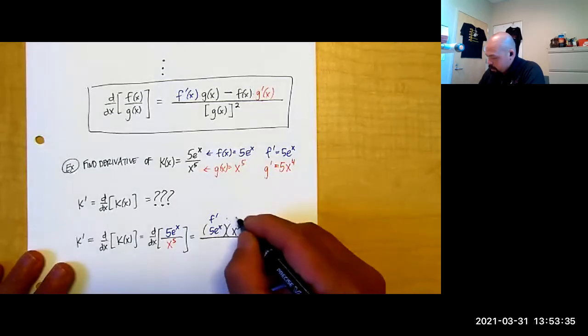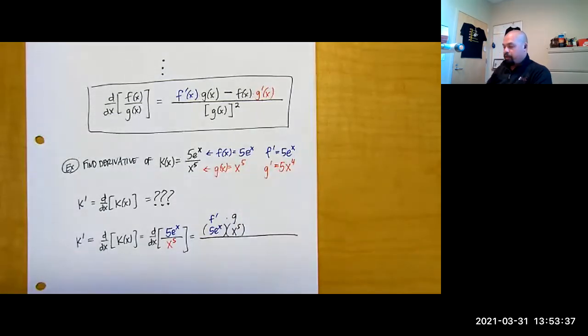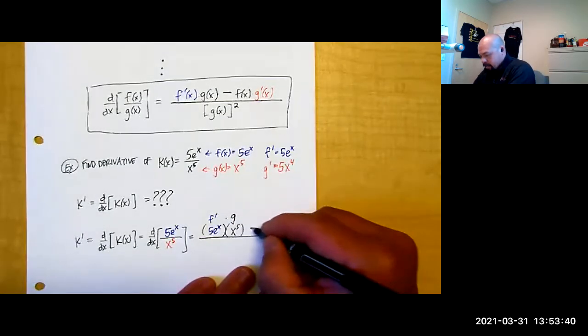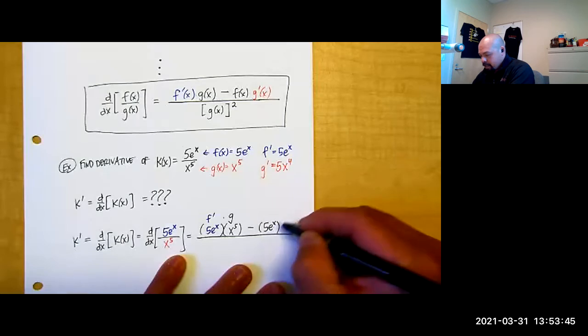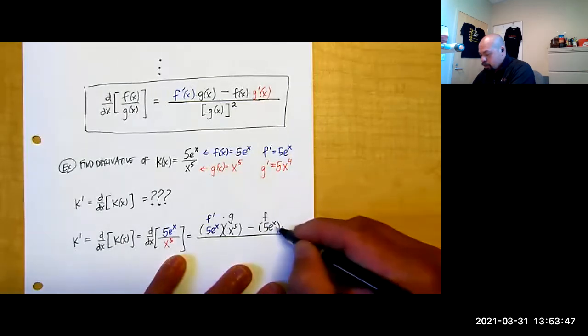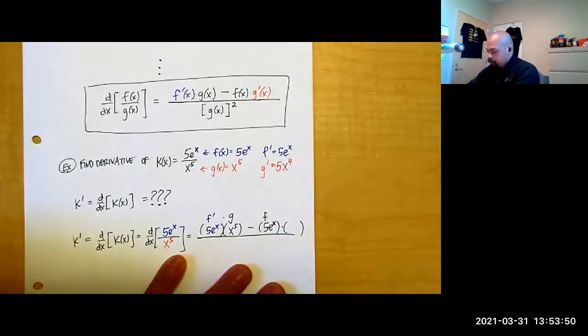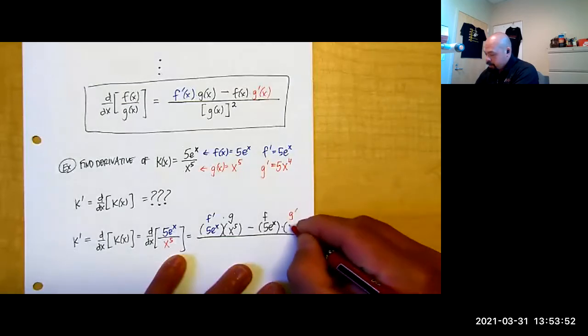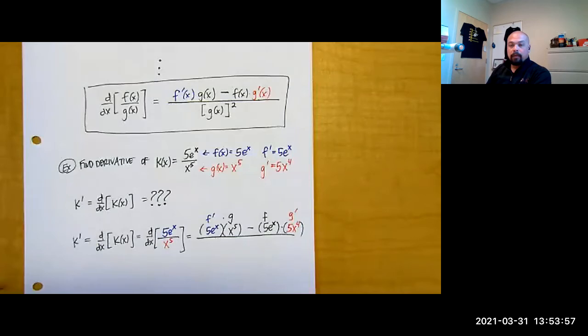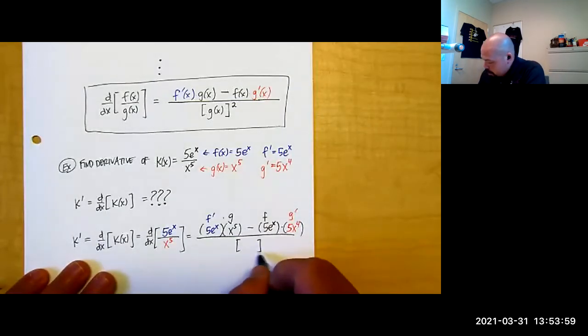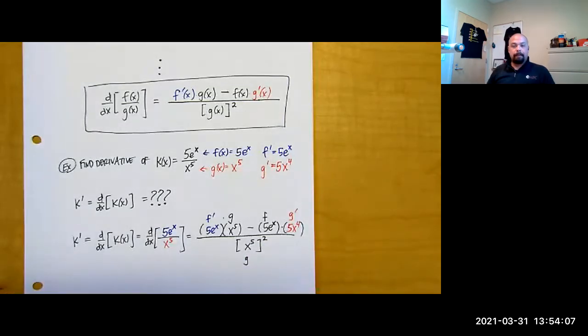I'll keep that one in black ink because there's no derivative there. Minus, that subtraction built in, f, the numerator, 5e to the x times g prime, the denominator derivative, 5x to the fourth. And that's all over our denominator squared. Okay. And so is the second power in that denominator.